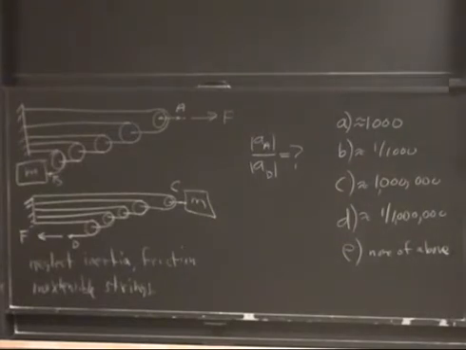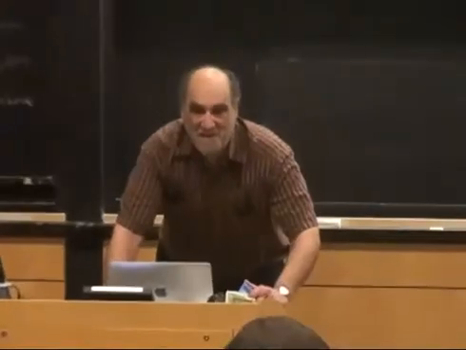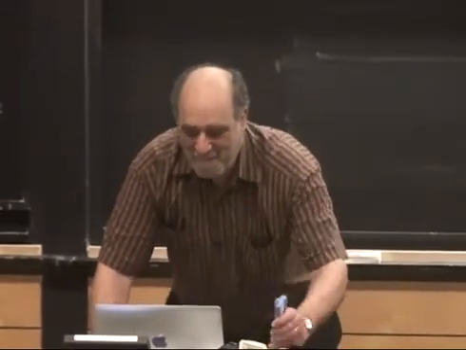OK, 10 seconds left to vote. Now, would you like to play the social dynamics game and see how the others voted before I close it up? You think that helps you or hurts you? Okay, can you see that?